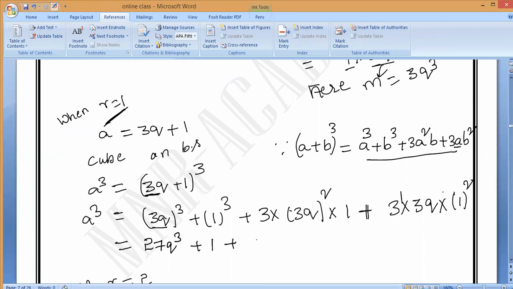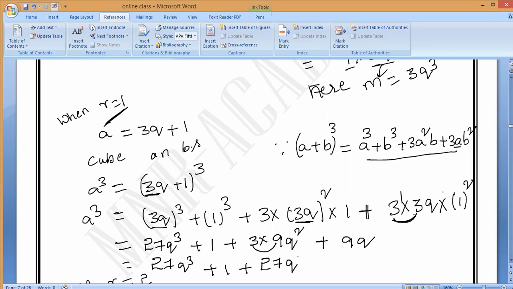Plus 3 into 9q square into 1 is 27q square, and 3 into 3q into 1 is 9q. So it is 27q cube plus 27q square plus 9q plus 1, as it is.